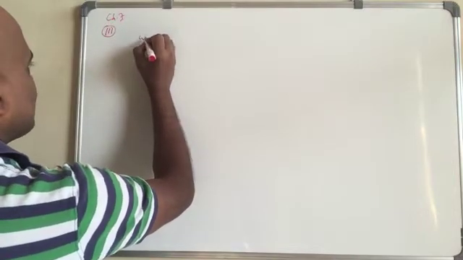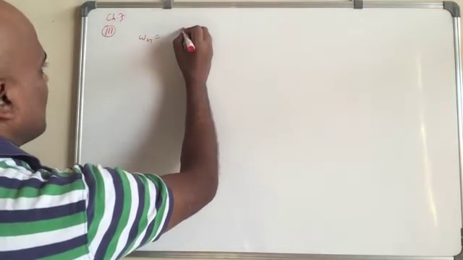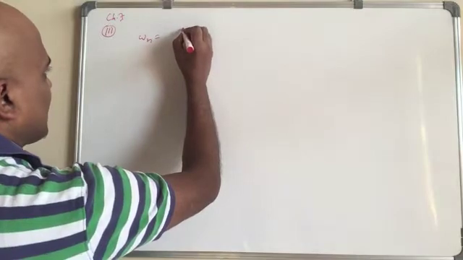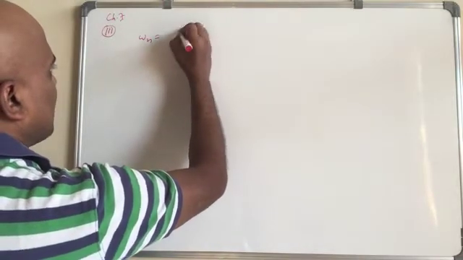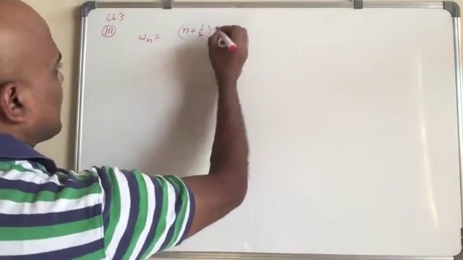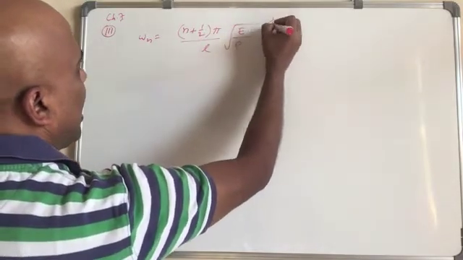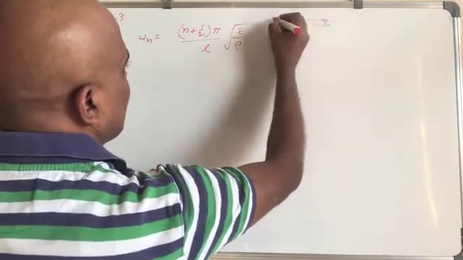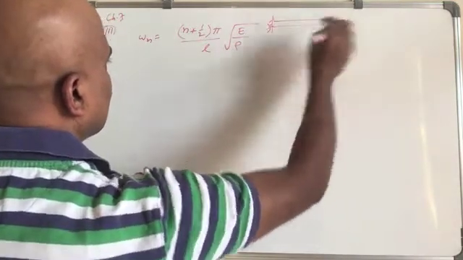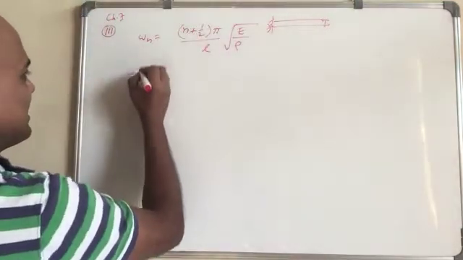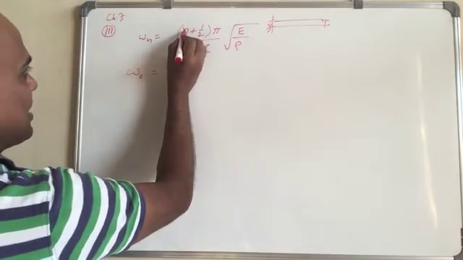So I said omega n will be equal to (n plus half) pi over L times the square root of E over rho, that is for a bar which is fixed at one end, and we are talking about the longitudinal wave. The fundamental frequency is omega naught, because you put n equal to 0 here.